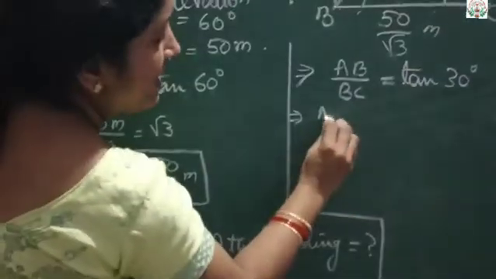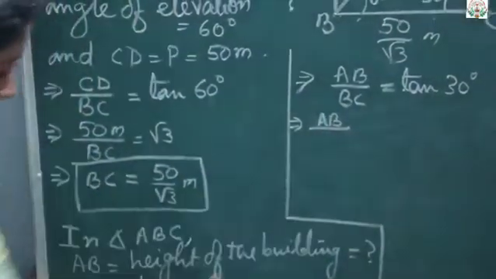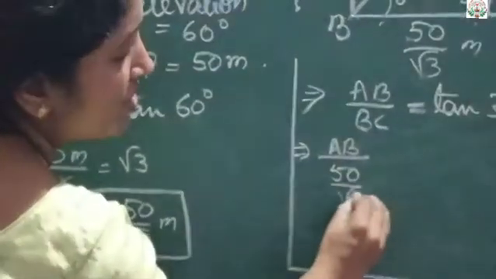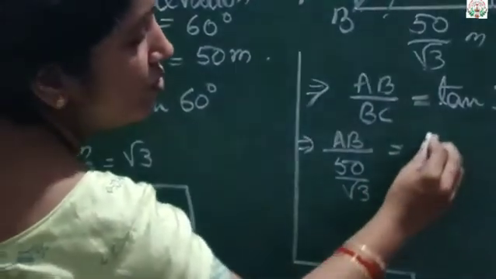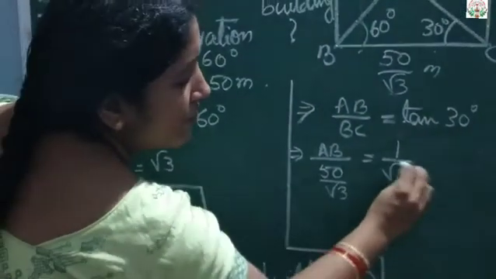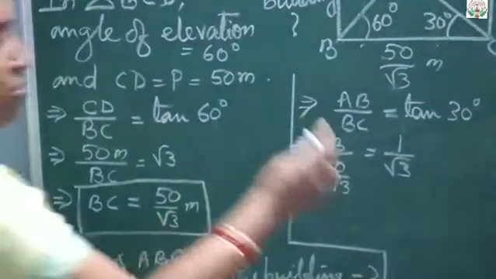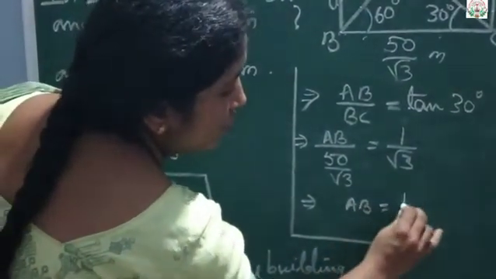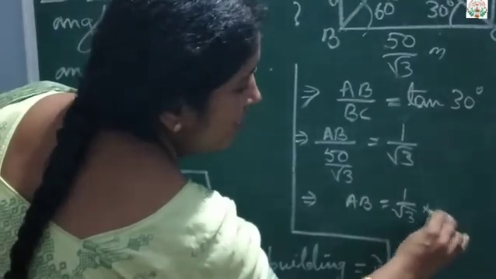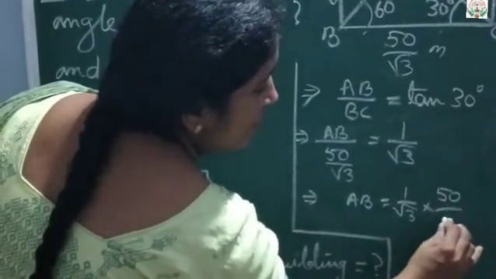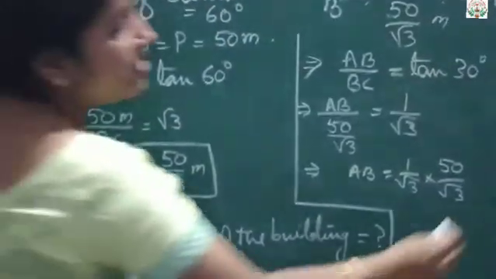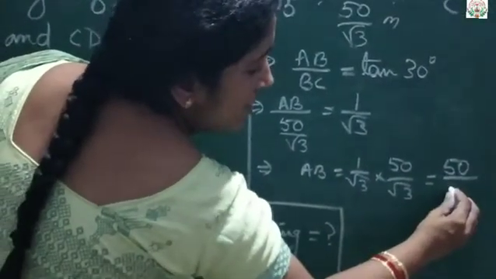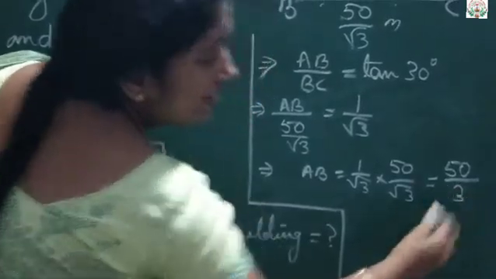So let it be AB only. And BC how much? That is 50 upon root 3 equals to tan 30 is 1 upon root 3. Now cross multiply. What will get? AB equals to 1 upon root 3 into 50 upon root 3, which is equals to how much? Numerator, numerator, denominator, denominator. So root 3 into root 3 will be 3.